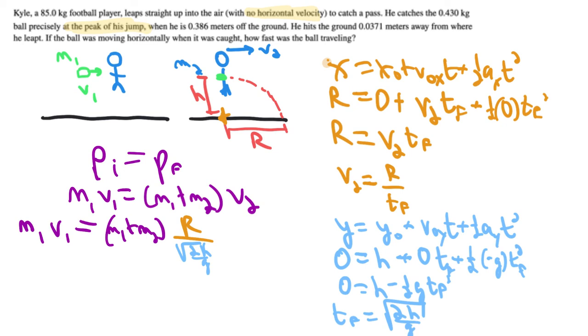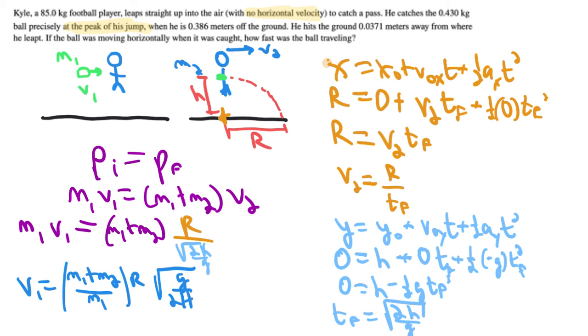So when all is said and done, we end up with v1 is (m1 plus m2) over m1 times r times the square root of g over 2h, which is a bit of a mess, but we can just plug in numbers, so we'll do that.